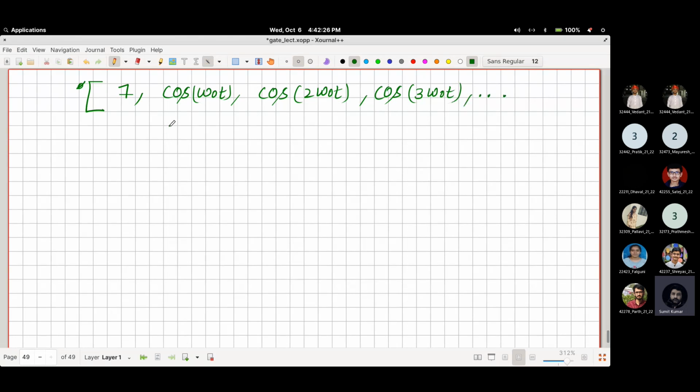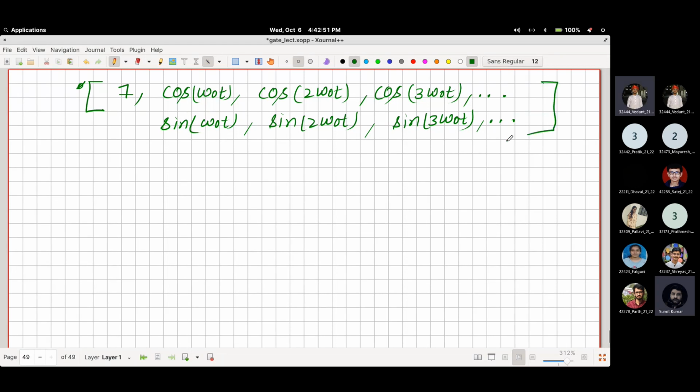And similarly we have sin omega naught t, then sin 2 omega naught t, and sin 3 omega naught t, dot dot dot. These are all orthogonal, isn't it?